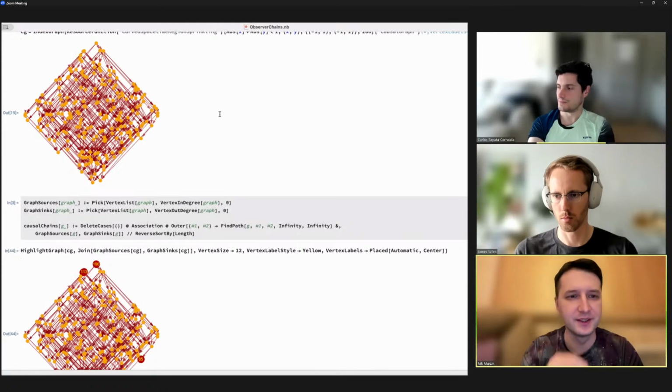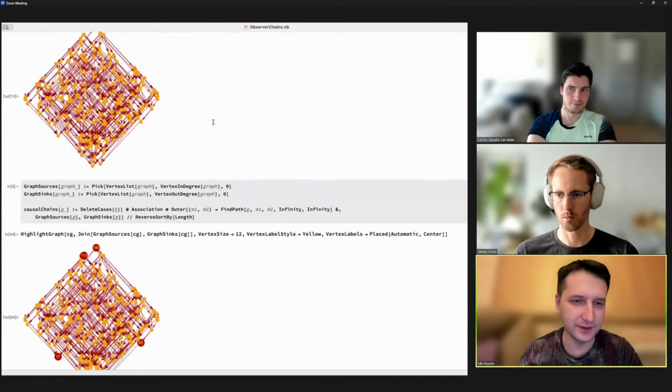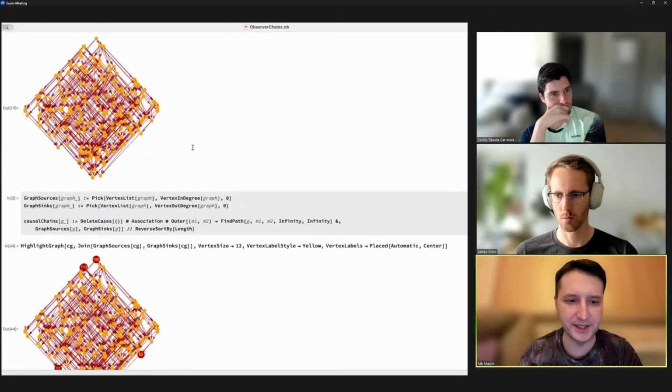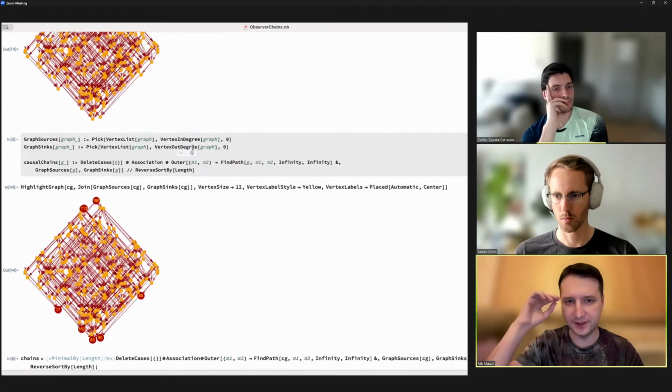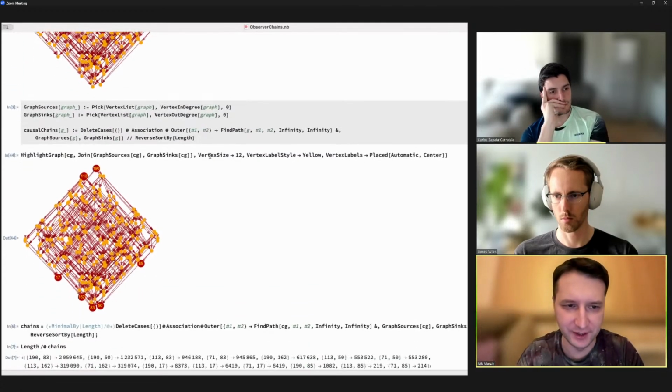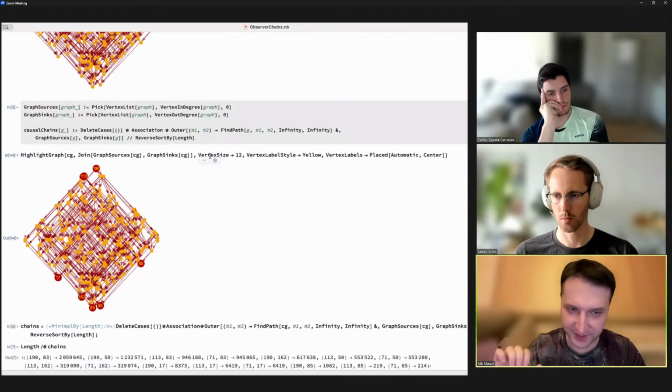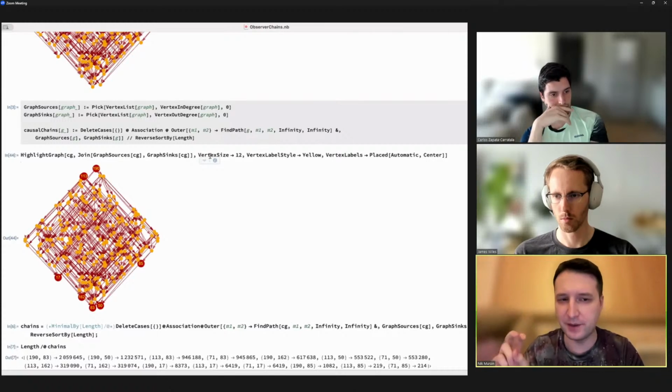All right, so it's like a very discrete picture of the space-time. And now you can define some observers on them by first indicating, for this specific case, it's not like a precise diamond where there's one single big bang event in the past and one common death of the universe in the future.